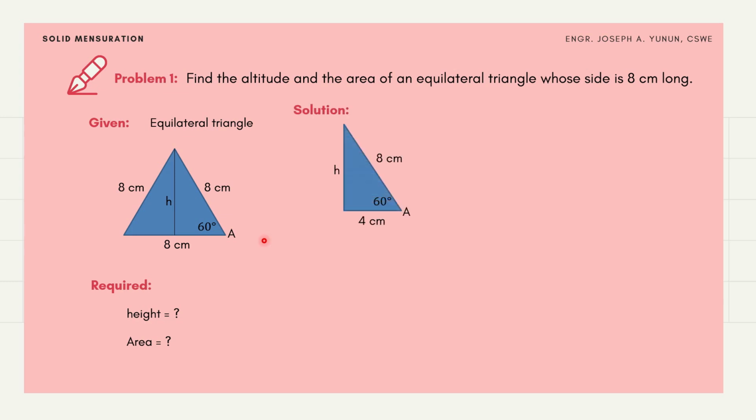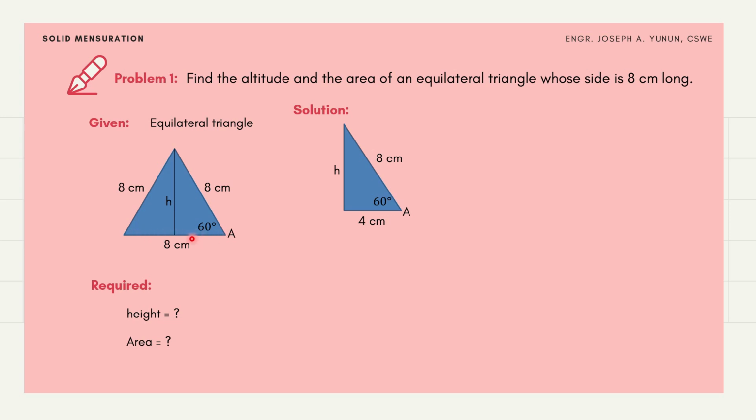Probably you could get a right triangle, referring to this given figure. If I draw this right triangle here and provide the given as shown on the original figure, you have the altitude, which is represented as h. You have this side here, 8 centimeters, angle 60 degrees, and this is divided into two equal segments.